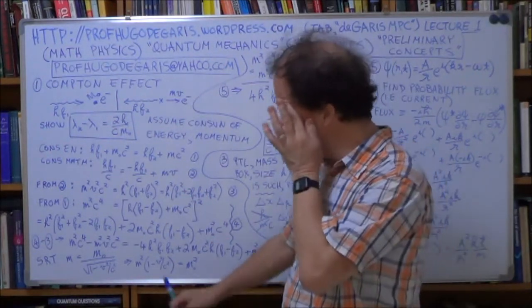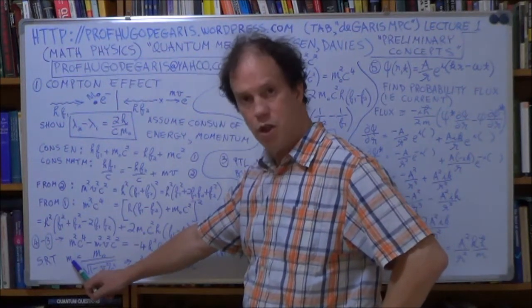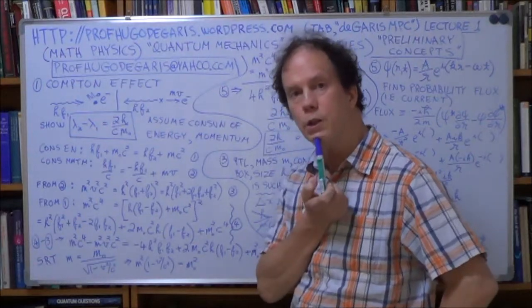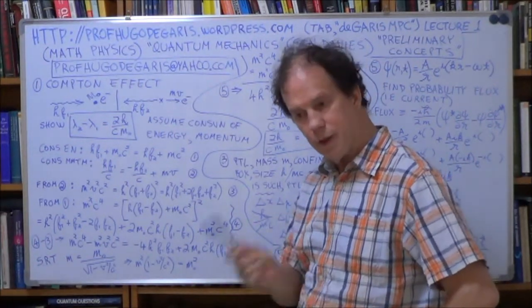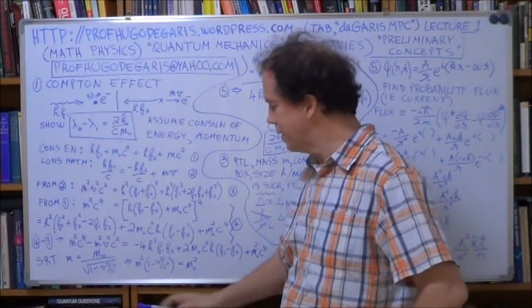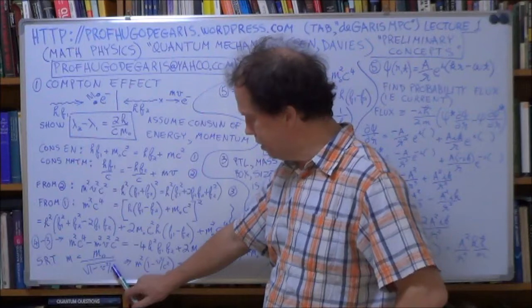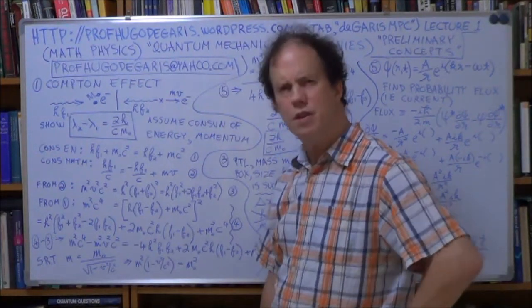So the closer you get to the speed of light, this m here can become huge, right? And that's what's happening at the LHC, the Large Hadron Collider. These protons are accelerated so fast, their velocity is getting very, very close to c, so the mass of these protons is enormous.